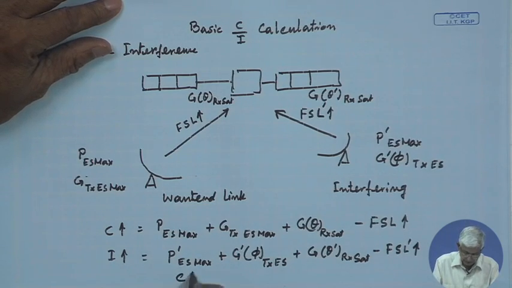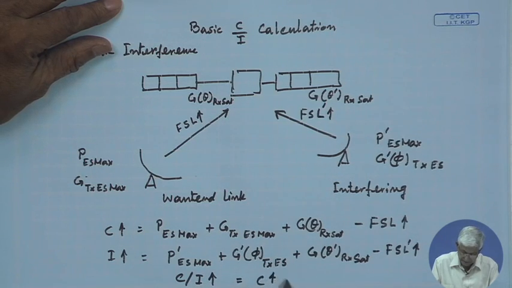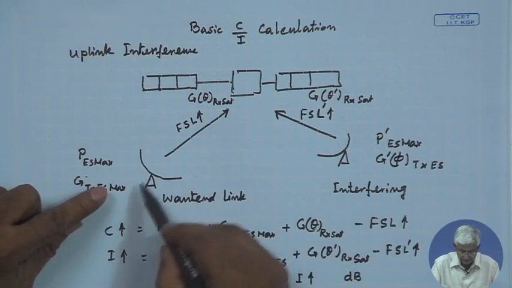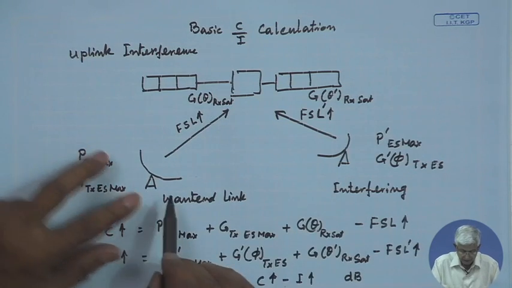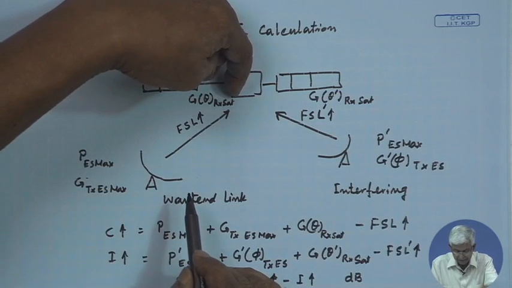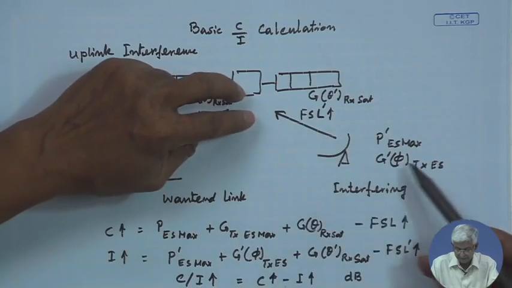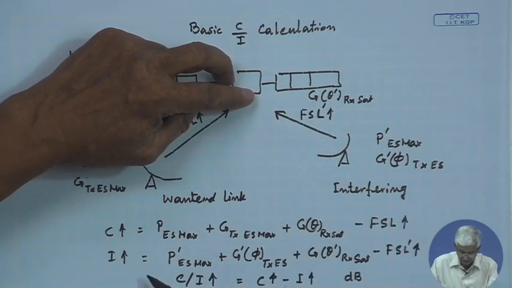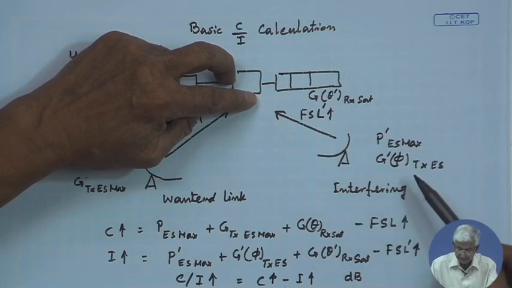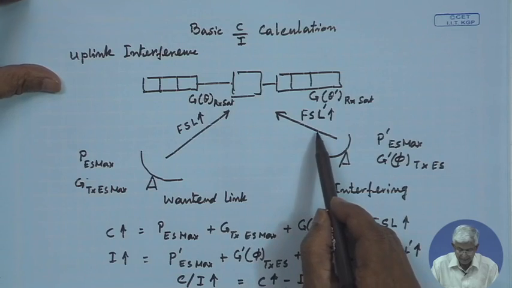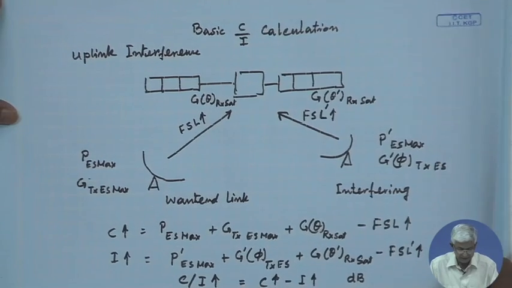So, your C by I uplink will be C uplink minus I uplink. This is in dB. So, it is easy to calculate. C separately you calculate from power and gain and the receive antenna gain from the satellite minus the free space loss or path loss, and the interfering station power you calculate, which is interfering power. So, it is P dash, G dash and G theta dash from satellite and free space loss dash from satellite, ratio of that, or in dB subtraction of that.